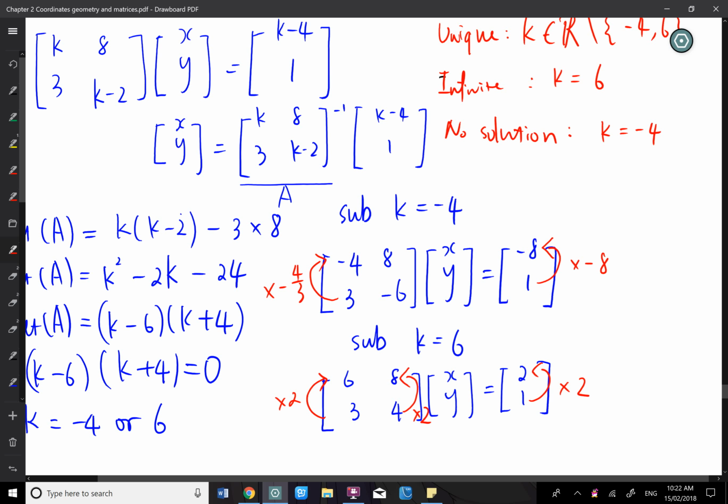For some k values, you really need to put the k value in and test whether they are the same line or not. If not, then you say it's the no solution case. If they are in a particular proportion, then that's the infinitely many solutions case.